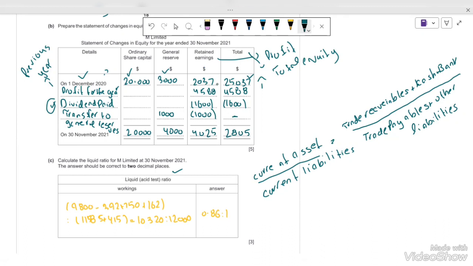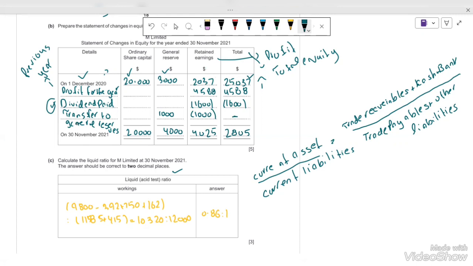It will decrease your profit, and also your total shareholders' equity, because the amount as a dividend is going outside the business. So that is why it will reduce your total equity and also your retained earnings. So we have to minus 1,600 from retained earnings and from the total also.